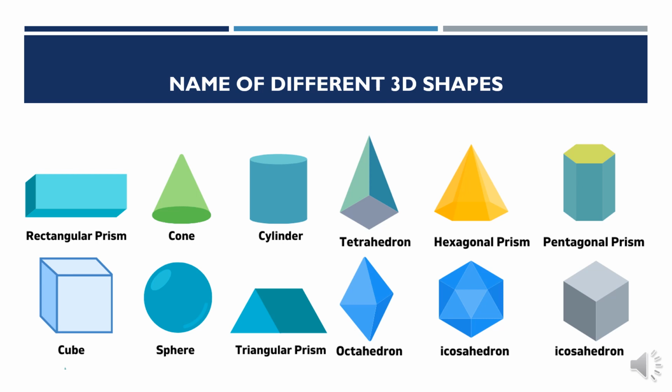In these two, you can say in one icosahedron there are different triangles, but in the other icosahedron there are different squares.